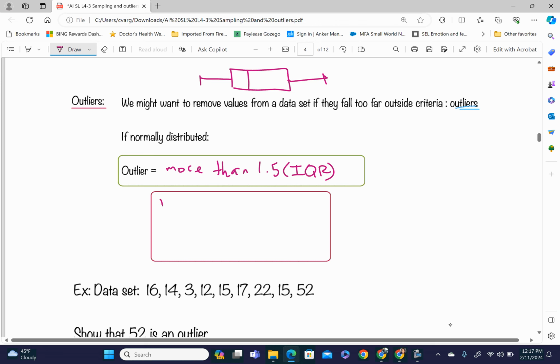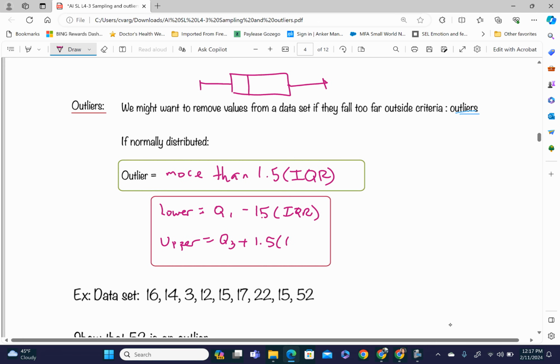So for the lower outlier, the formula is Q1 minus 1.5 times IQR. And for your upper outlier, the formula is Q3, because that is the one on the upper side, plus 1.5 times IQR. And these formulas, unfortunately, are not in your formula booklet, so you have to memorize them.